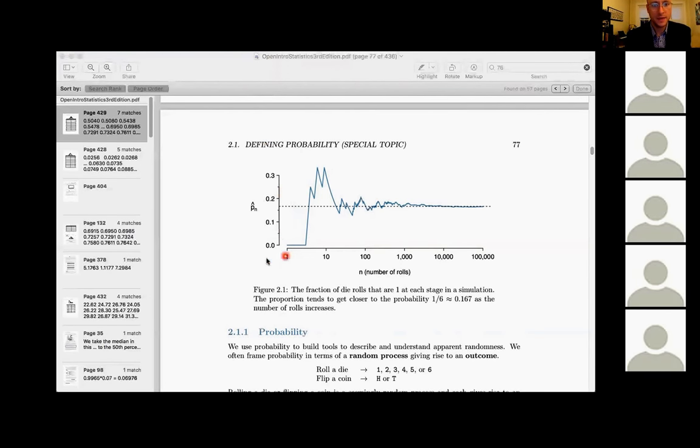The point here is that not only does the idea of probability, or unobserved probability of a trial or of an event, if we don't know, say, how many sides there are on a die, then we think of p hat as the true probability of rolling a 6 on a die. Now, we already know, of course, that the die has 6 sides.